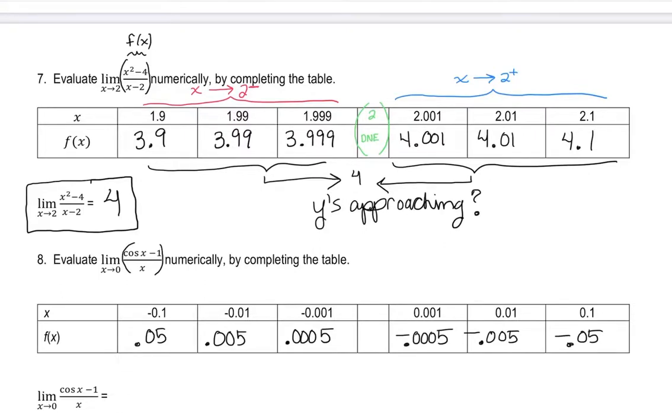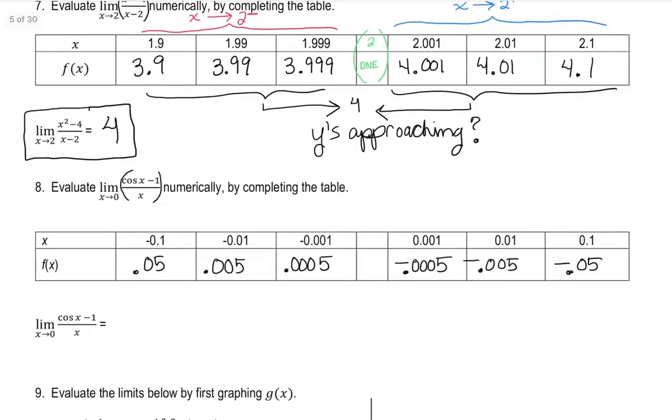Once again, we have numbers negative 1/10, negative 100th, negative 1,000th, negative 0.0001. These x's are approaching 0, but coming from the left.